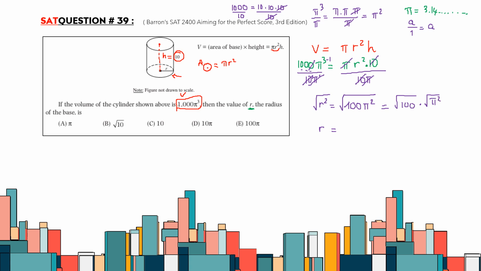So for pi squared, the square root and the square cancel, you take out pi. 100 is 10 times 10, which is 10 squared. So this is pi times the square root of 10 squared. Then you take 10 out. So r is 10 pi.